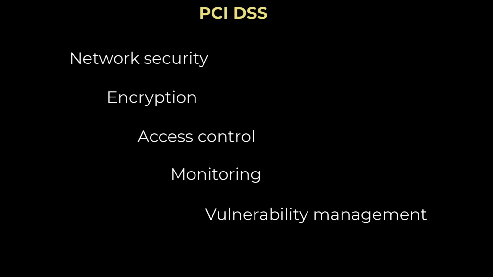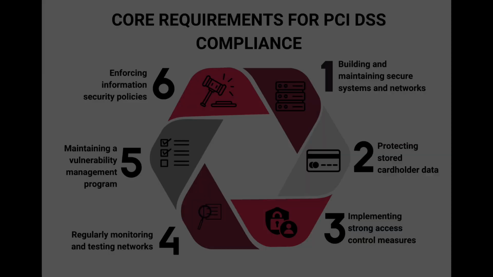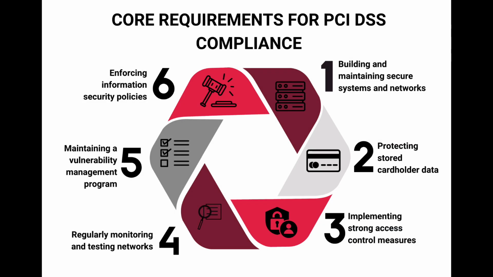Organizations are expected to implement measures such as firewalls, strong authentication protocols, data encryption, and regular security testing to mitigate risks. Compliance with PCI DSS is enforced by payment brands and acquiring banks, with penalties for non-compliance that may include fines or the loss of the ability to process card payments.